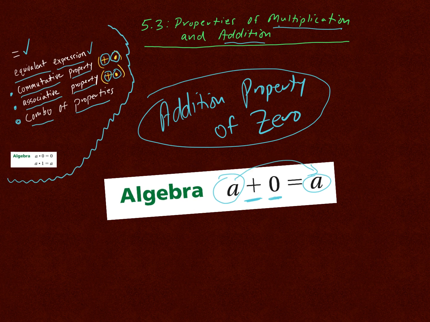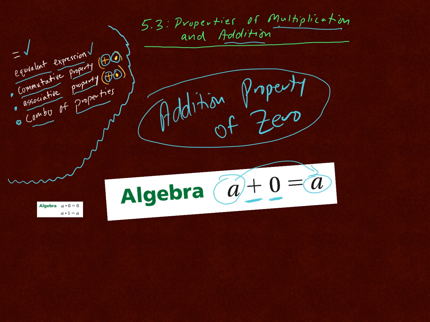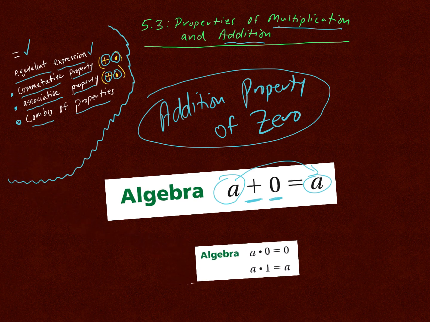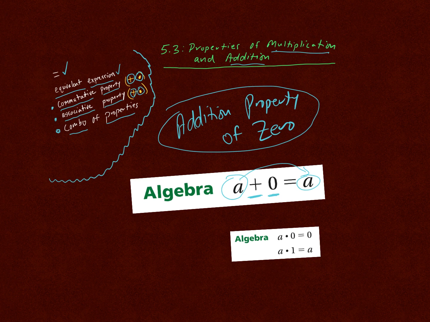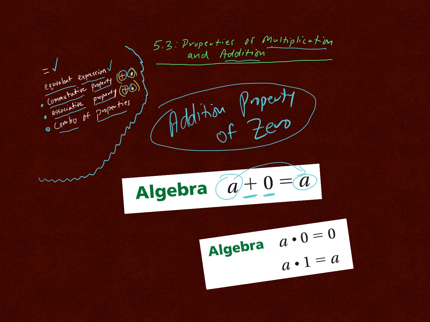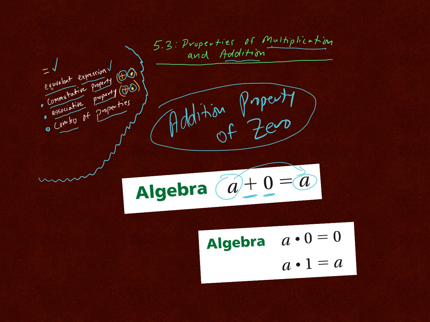And then the other one, which again you probably are aware of, but let's give it a name, let's give it a term. Whenever we are multiplying with a 0 or 1, we call these the multiplication property or properties of 0 and 1.